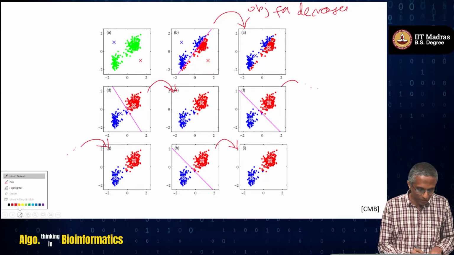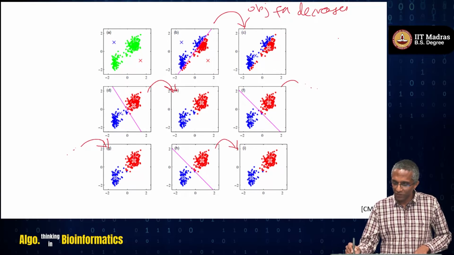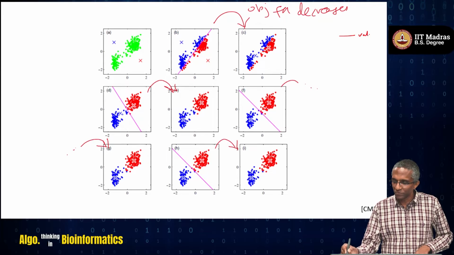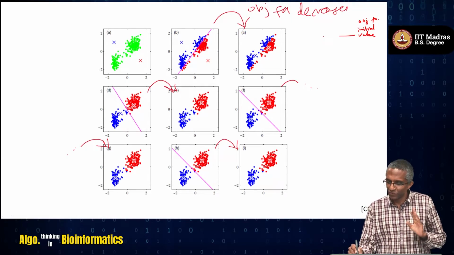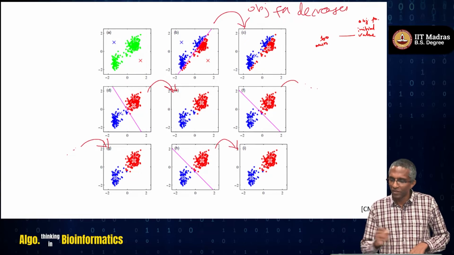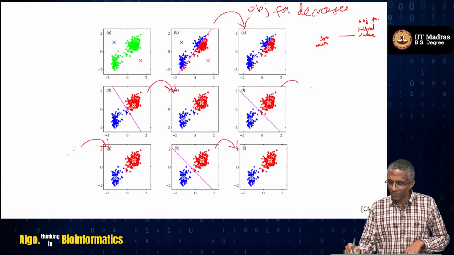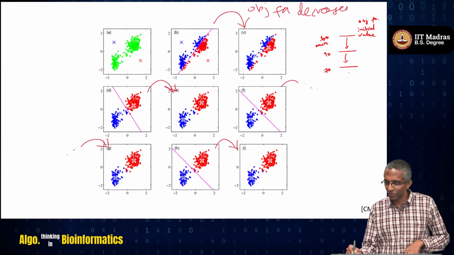And there are two other things that you will have to say. The objective function starts at some initial value. Let us say, for arbitrary sake, 100 units, and then at every step it becomes smaller and smaller. Maybe it becomes 90 units, maybe 70 units, and so on.